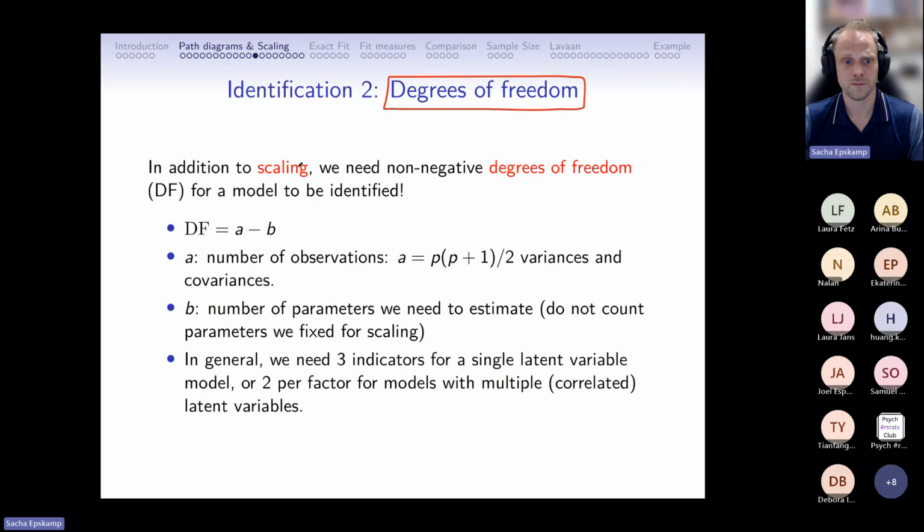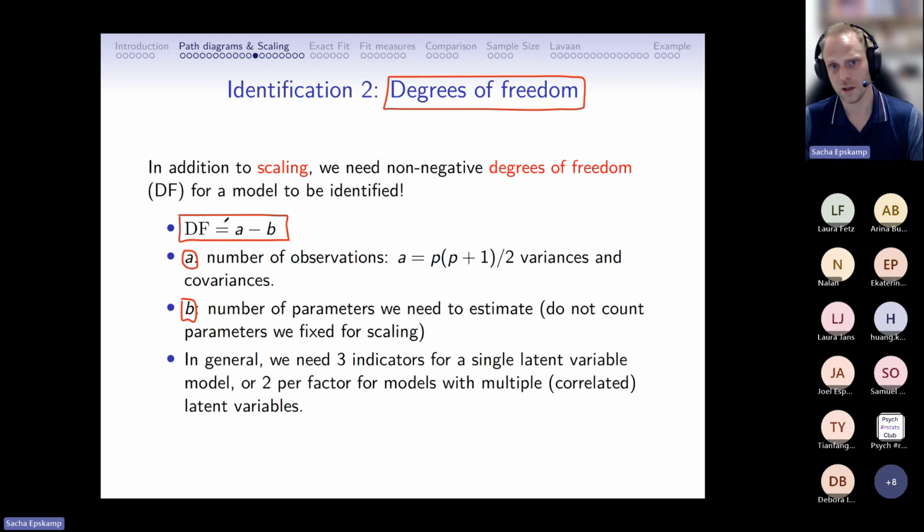Degrees of freedom indicate how many free elements there are in something we try to estimate, and it's always defined as the number of observations, A, minus the number of parameters, B. So if you need to estimate a certain number of parameters, we need to make sure that this degree of freedom is at least 0.